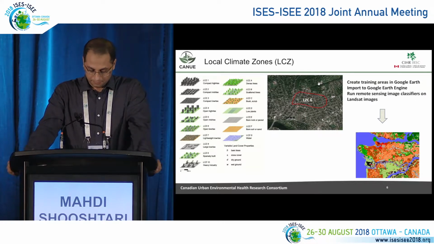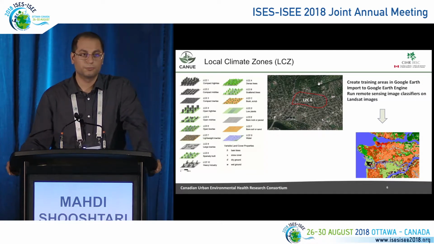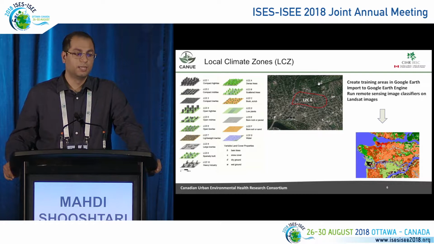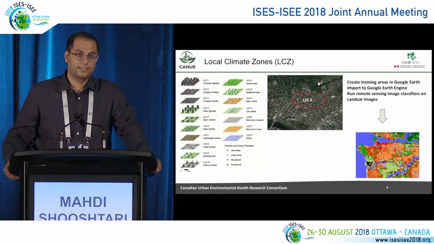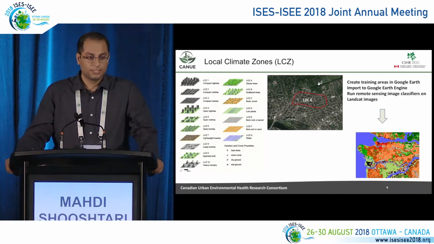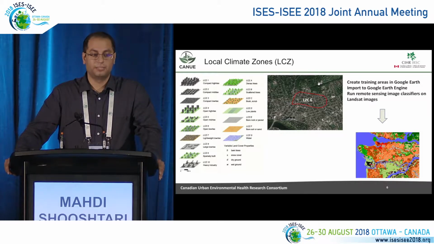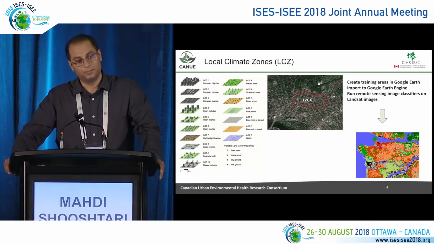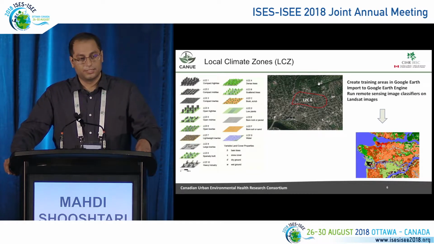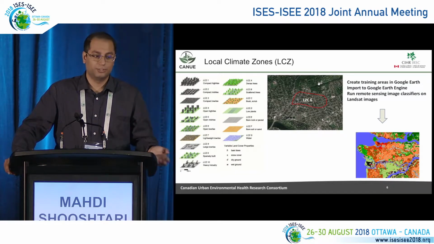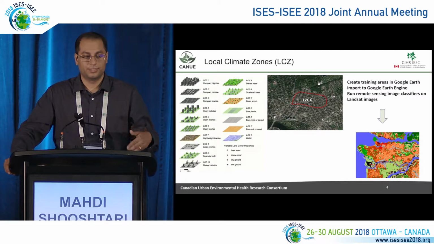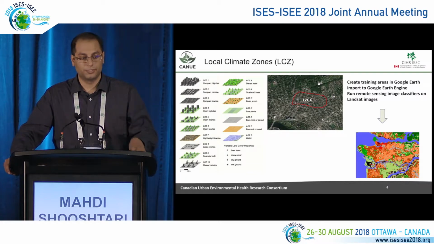The other usage of Google Earth Engine for us was to develop LCZ values. So we create the training areas in Google Earth Engine. We either import the training areas into Google Earth Engine or use training areas that we develop on Google Earth Engine.